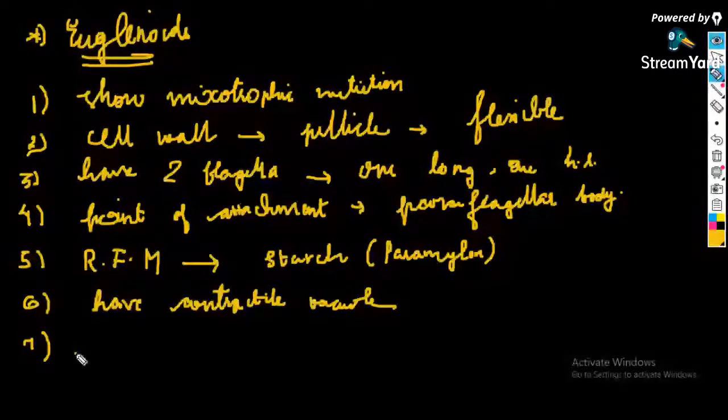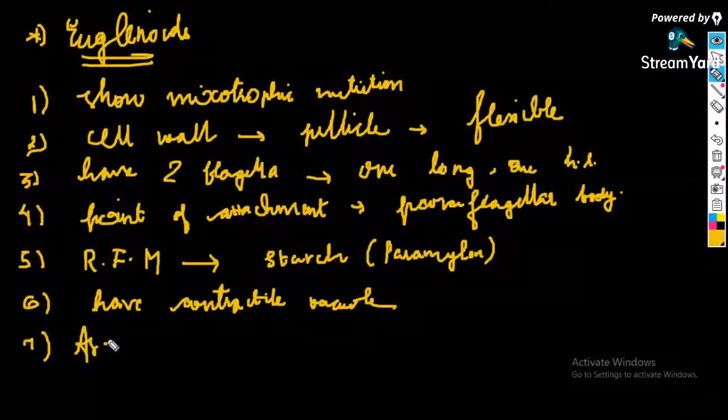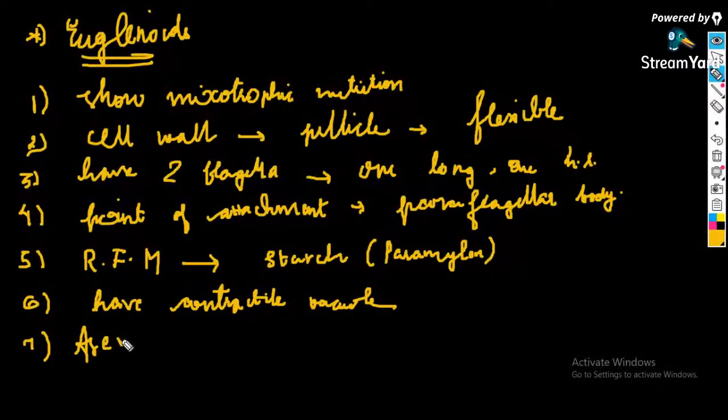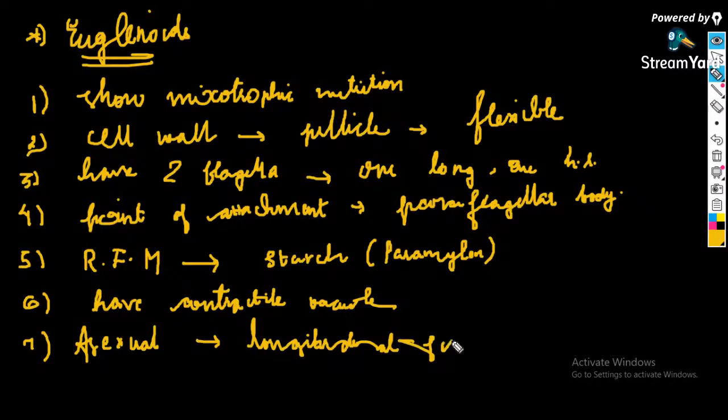Asexual reproduction. Asexual reproduction is by means of longitudinal fission.